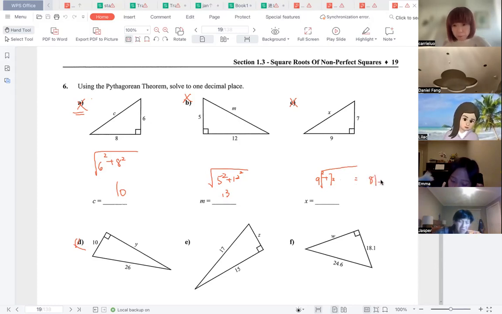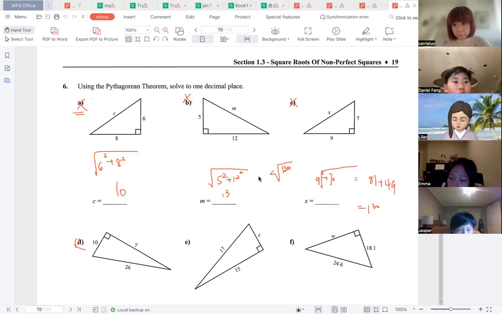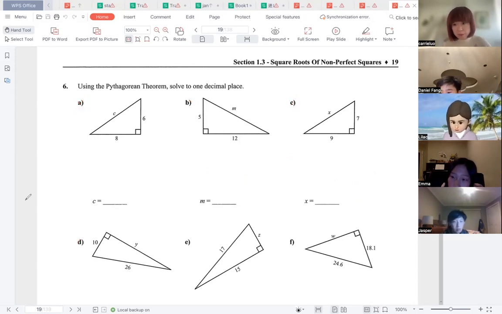So it's 81 plus 49, right? So it's 130. So what is square root of 130 equal to? In between 11 and 12. Very good, in between 11 and 12. So it's 11 something, right? Okay, the detail, we're not going to emphasize it anymore.